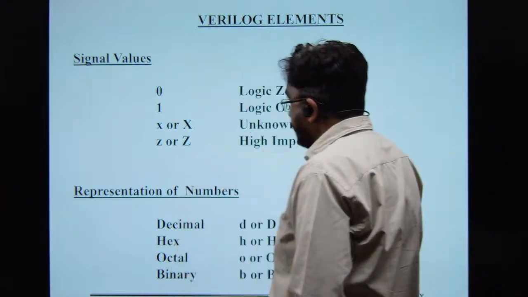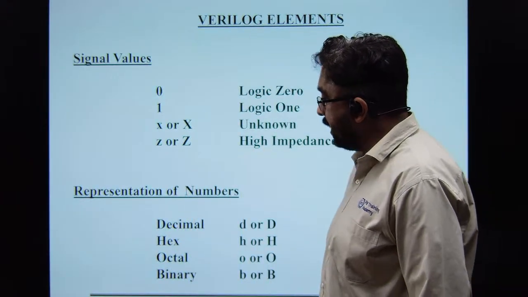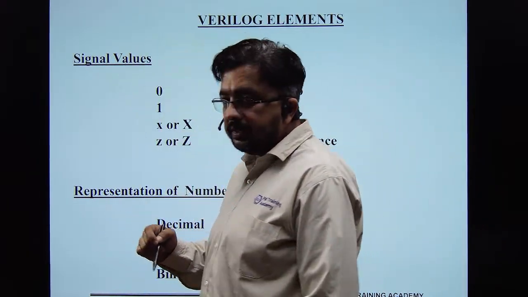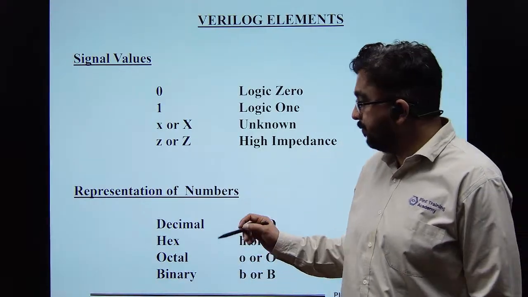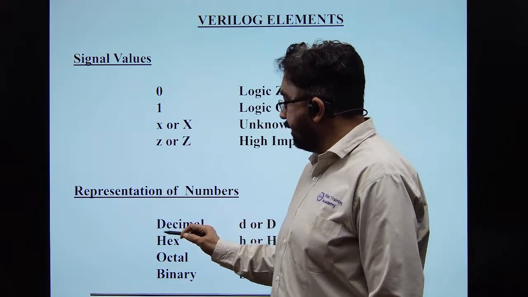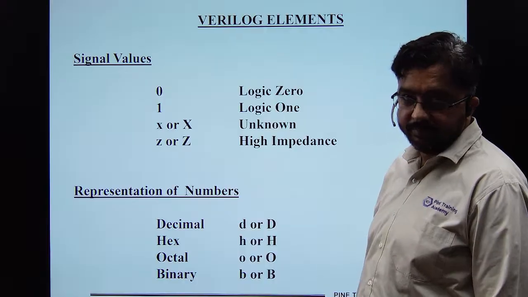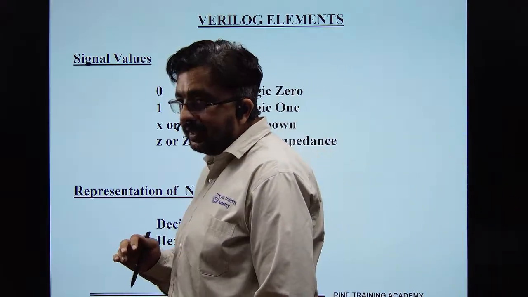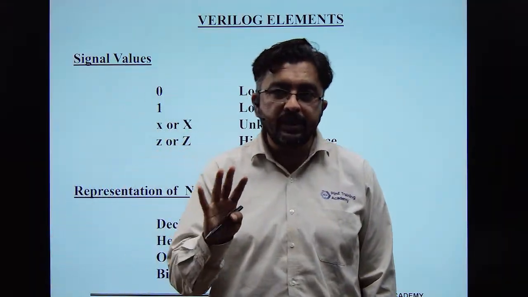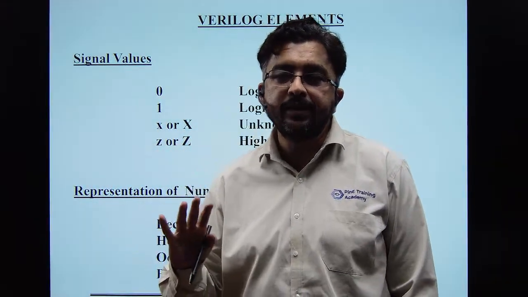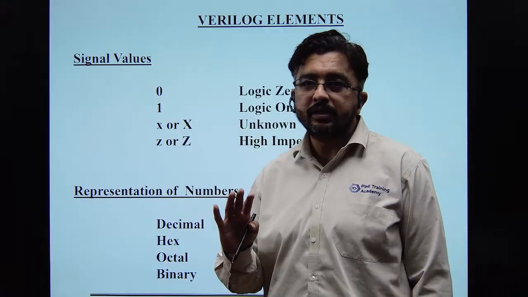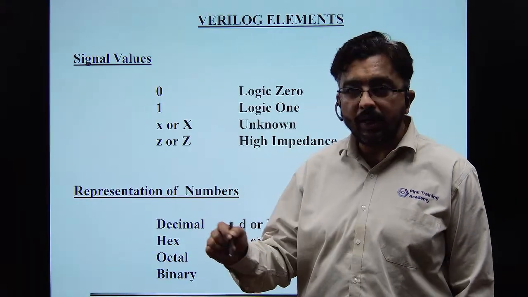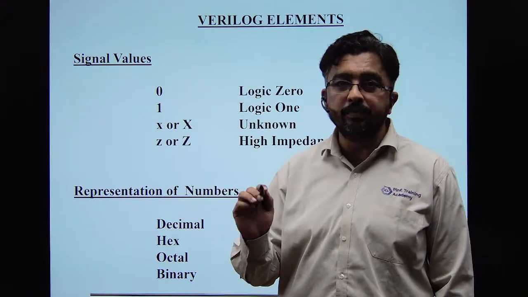Along with these signal values, we have some numbers that we have to represent in the form of decimal, hexa, octal and binary. The best part is that Verilog is case sensitive, but there are four things: capital D, small d, capital H, small h, capital O, small o, and capital B and small b.